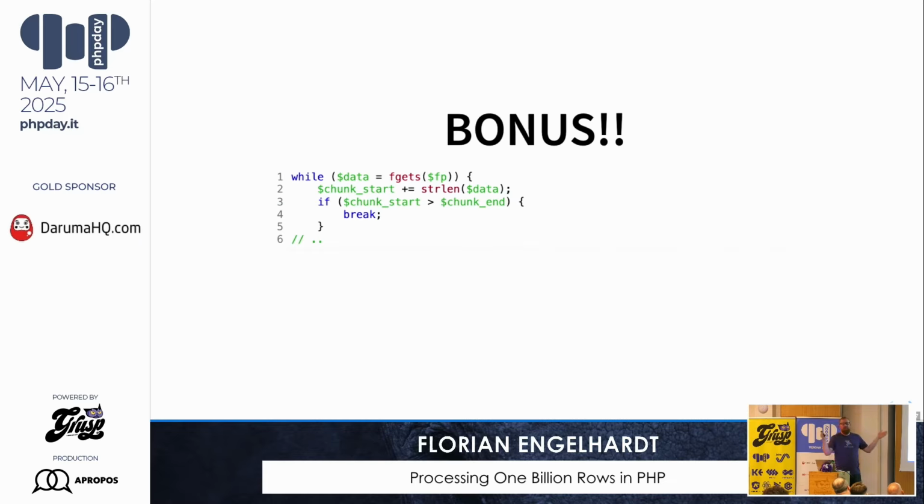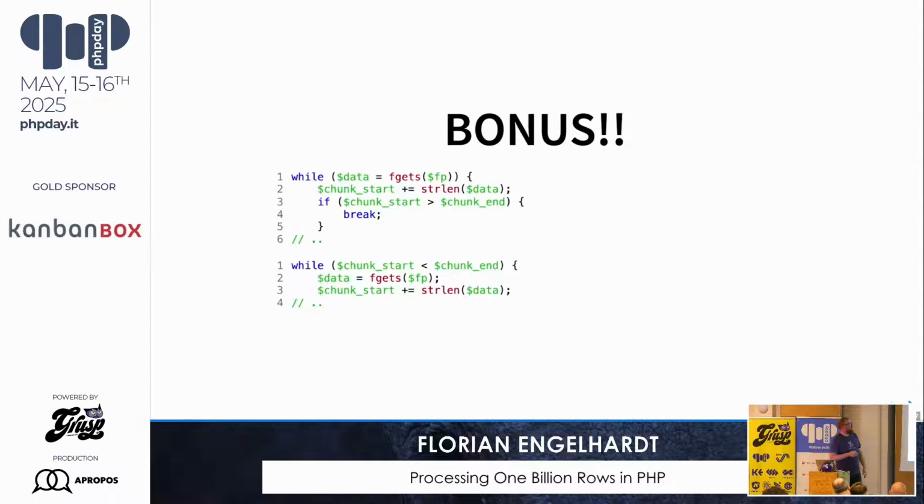As long as we are in between those boundaries, we can read data, so we don't need to check on fgets. While the condition for the loop is just that we are in between chunk boundaries, we read and assume that we got something because we defined the chunk borders earlier. So it's safe-ish to read.